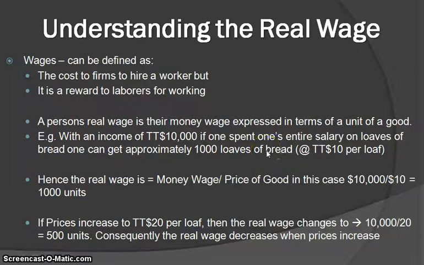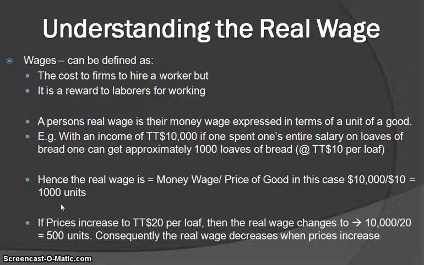This figure was calculated by simply taking the money wage of $10,000 and dividing it by the price of the good, which is $10. As a result, 10,000 divided by 10 equals 1,000 units. So we realize that a person's money wage can be expressed in real terms.